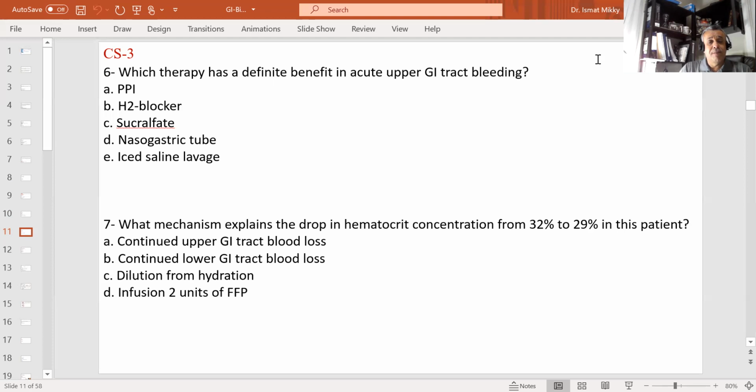The upper GI tract source, the bleeding will have that the stool is called the melena, or black stool, that is upper GI bleeding, and that's from the oxygenation or deoxygenation of the hemoglobin. Lower GI bleeding is more fresh blood, not black stool or melena. Melena, or black stool, is always the upper GI bleeding.